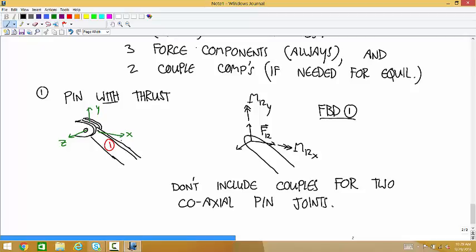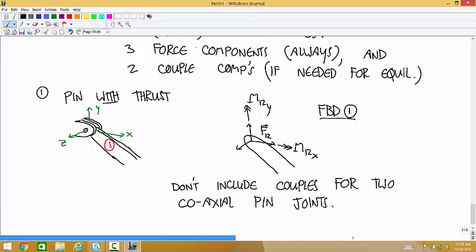For the one with thrust, you'd have 5 variables. For the one without thrust, you'd have 4 variables. You're already up to 9, and you only have 6 equations. That's going to keep you from solving the problem. And that's why you have to avoid putting in those couples if you have the two pin joints in tandem.